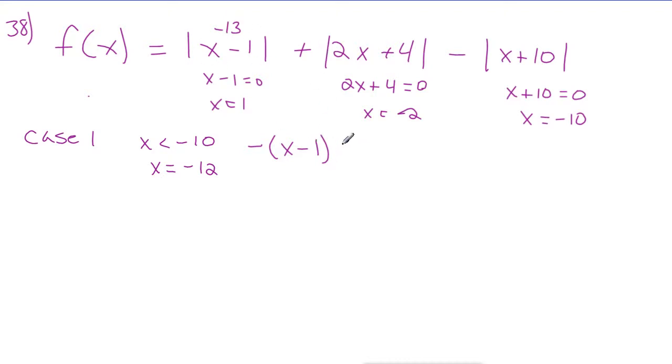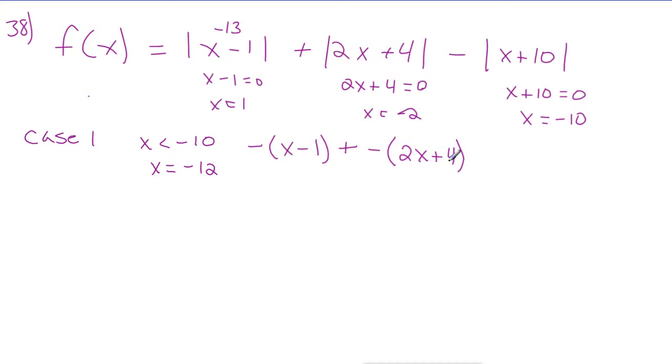Then we're adding here, so now I'm going to test out my second part. I put the negative 12 in. 2 times negative 12 is negative 24, plus 4 gives me negative 20. So again, this would give me a negative number, so to make it positive, I'm going to negate that. So it's going to be negative 2x plus 4.